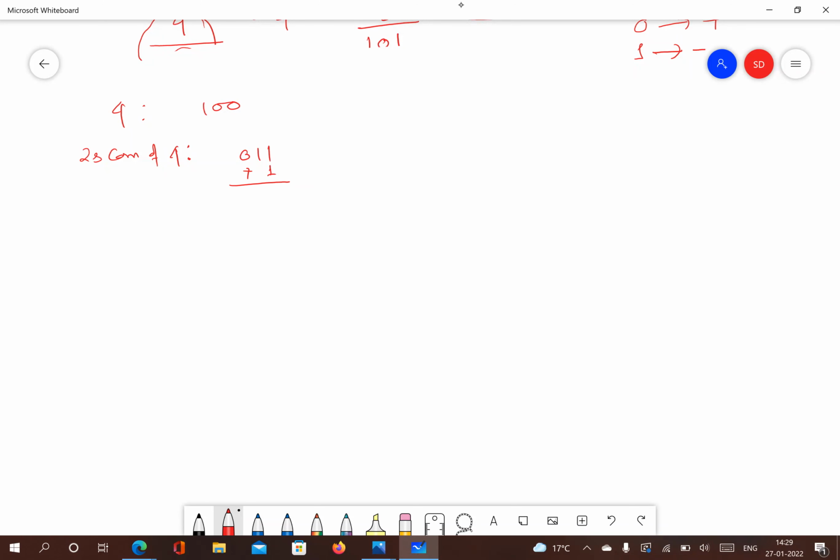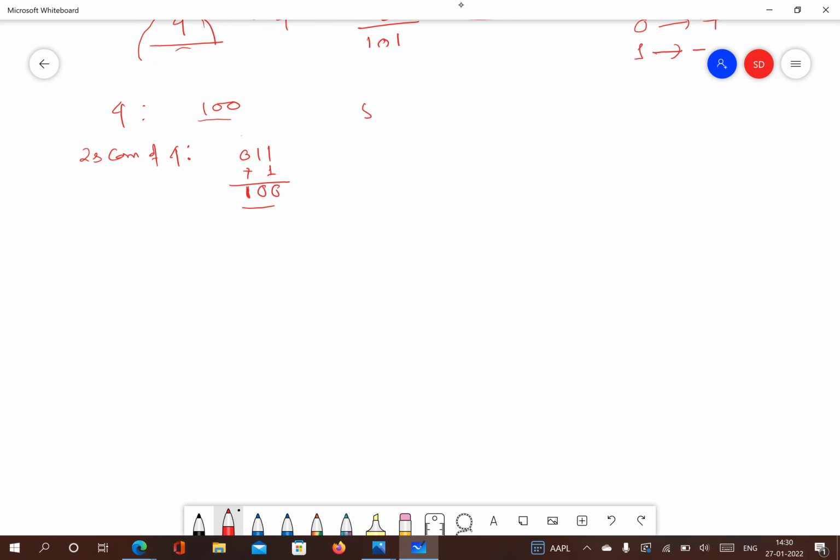So it will be 1 plus 1 is 0, carry 1, again 1 plus 1 is 0, and then 1. So the two's complement of 100, that is 4, is again 100. To calculate two's complement, first flip all the bits, so 100 becomes 011, and then add 1. After adding 1, you again get 100. That is the two's complement of 4.